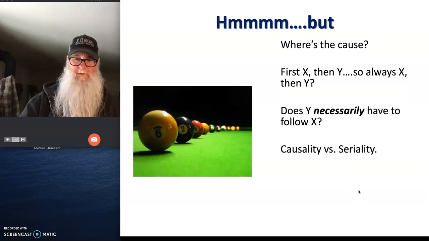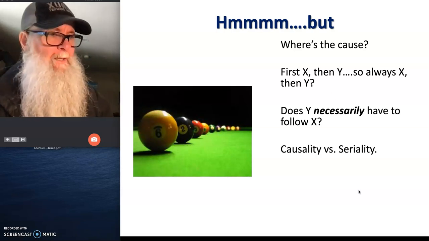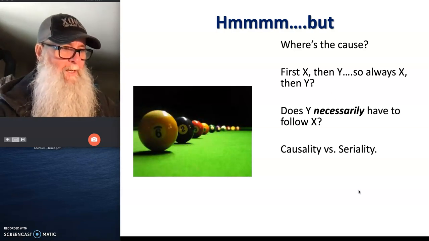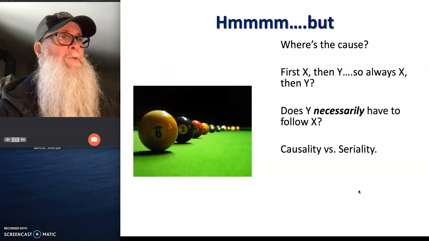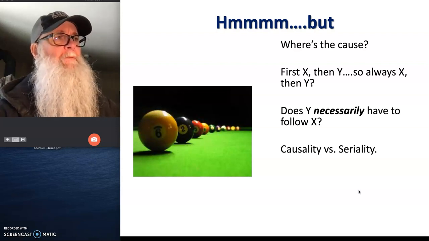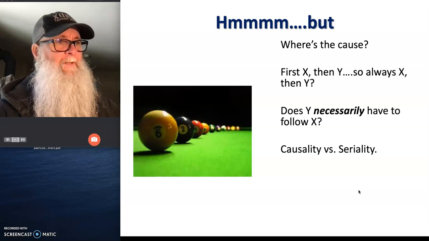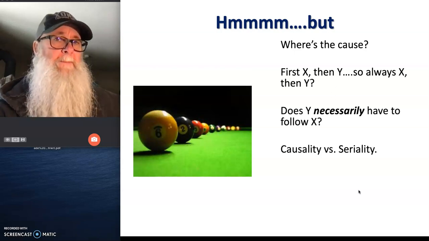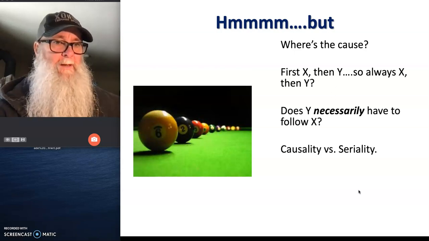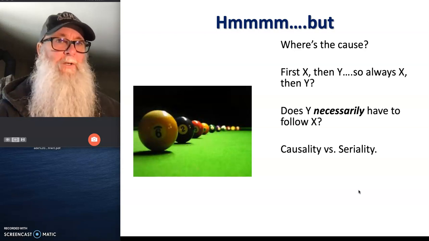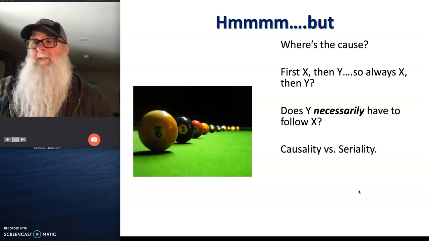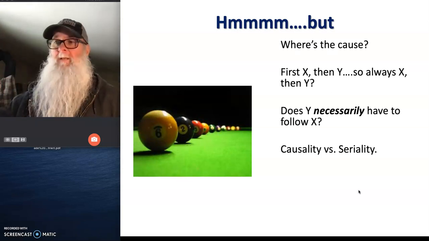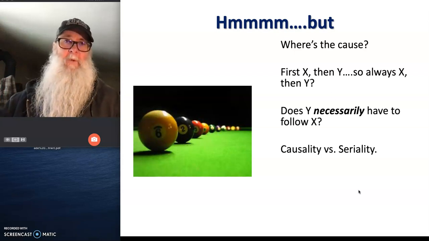And then Hume might accuse us of confusing causality versus seriality. In other words, just because one event seems to follow from an earlier event doesn't necessarily mean that the earlier event caused the second event. They may have happened one after the other, but that doesn't necessarily mean that one caused the other. In fact, we can point to lots of instances where events occurred in a particular order, but there was no causation involved.